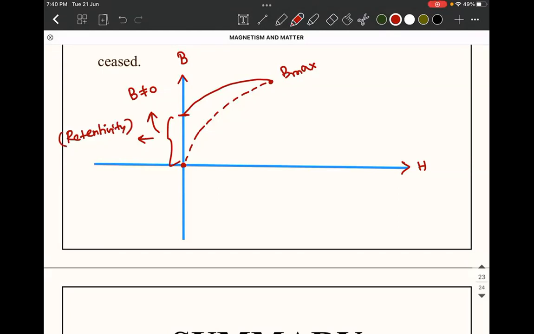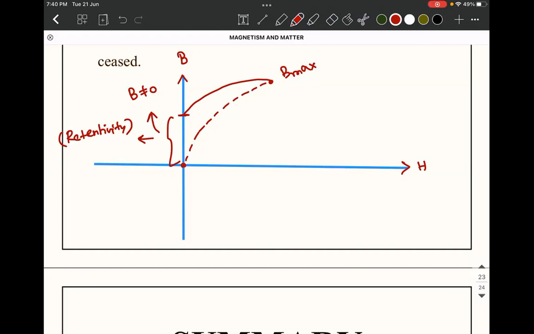So what is retentivity? It is a property of a ferromagnetic substance to retain magnetism even when the magnetizing field is removed. I repeat, it is the value of magnetic field held by a ferromagnetic substance even when the magnetizing field is removed.